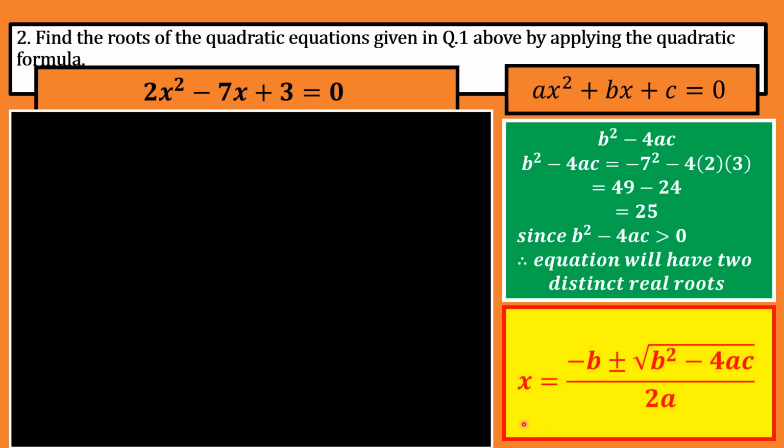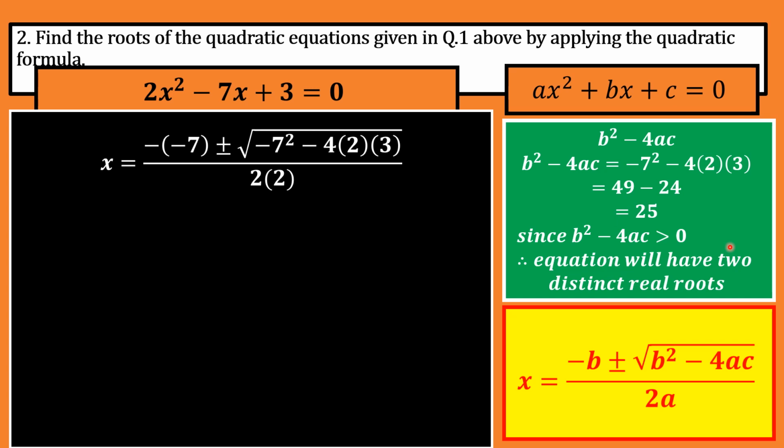In the formula, x is equal to minus b plus minus under root b square minus 4ac upon 2a. Under root b square minus 4ac means under root D, the discriminant. This is our formula. We'll apply it here. Very simple actually. So x is equal to, just replace b, a and c. Let's see what we get.